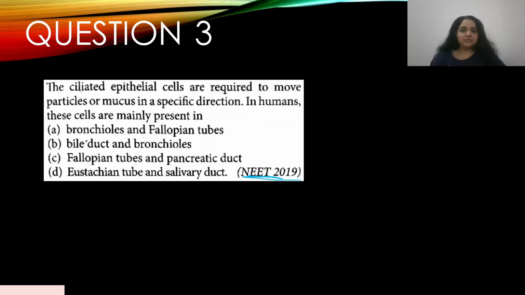So over here, clearly it says ciliated epithelial cells, required to move particles of mucus in a specific direction. Now, ciliated epithelial cells are found in bronchioles and fallopian tubes. So the correct answer is A. Let's go to the discussion.